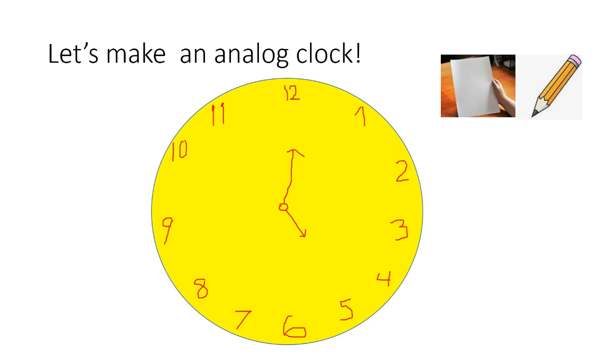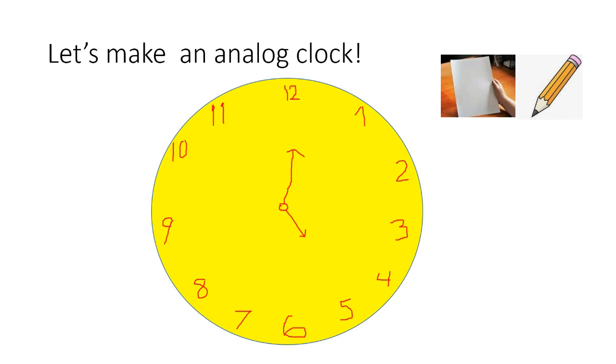Okay, that is 5 o'clock. That is how to make an analog clock, kids. So, how about yours? Did you make a clock already? All right. When we see each other again, kids, I want you to show it to me, okay? If you know how to make an analog clock.